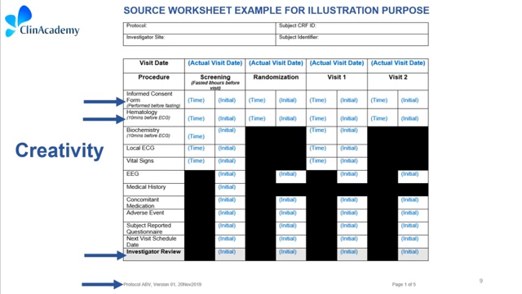As long as the information captured in the source worksheet is in reference to the protocol requirements and the needs of the case report form, to enable an independent party to understand the clinical trial subject's development or progress upon participation in the trial and upon exit of a trial.